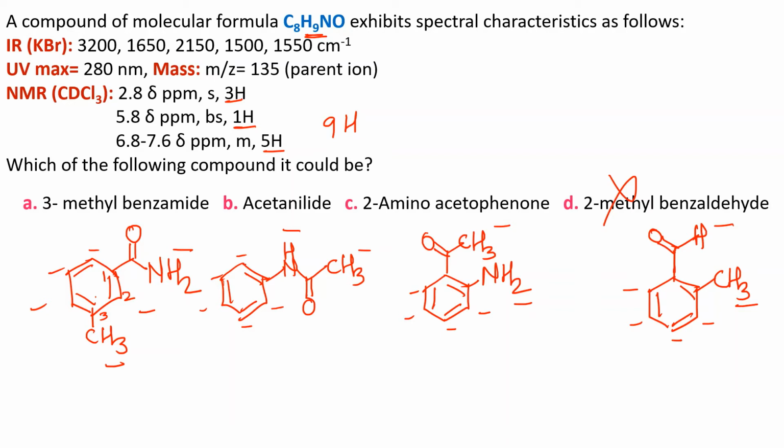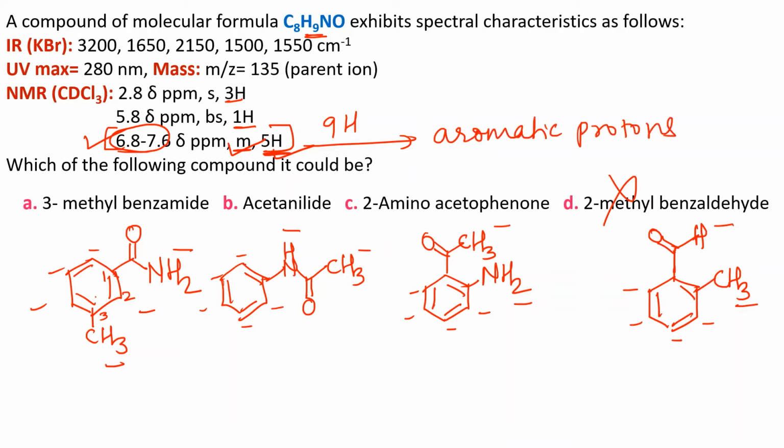Let us see among these three. So a very characteristic thing we can see here: the chemical shift value around 6.8 to 7.6 with multiplet and 5 hydrogens. So this combination of 6.8 to 7.6 multiplet and 5 hydrogens tells us that this data is for the aromatic protons.